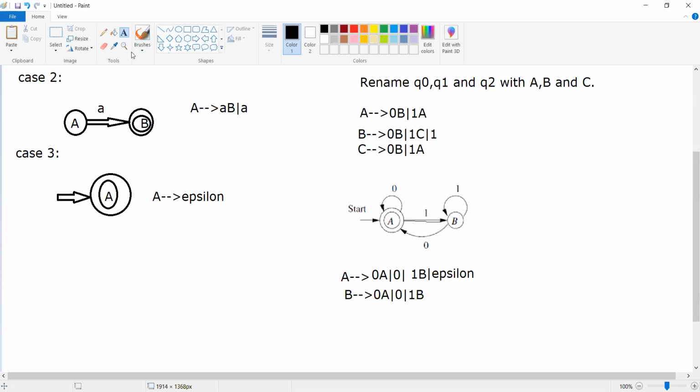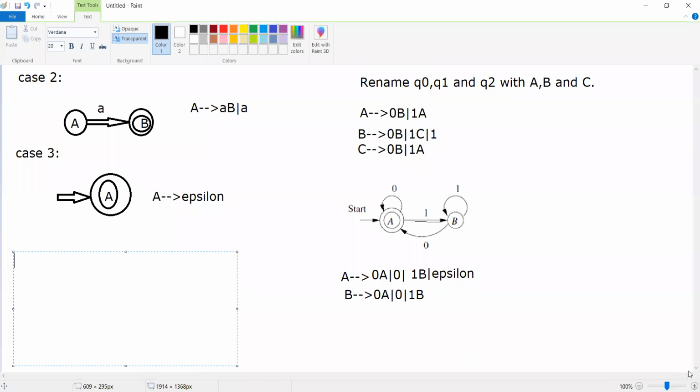And here, very specifically, I told you in our previous classes, where I discussed the Chomsky hierarchy of languages, that we have two types of regular grammars. What are the two types? The first one is right linear grammar, and the second one is left linear grammar.